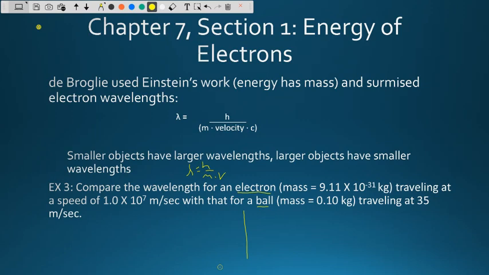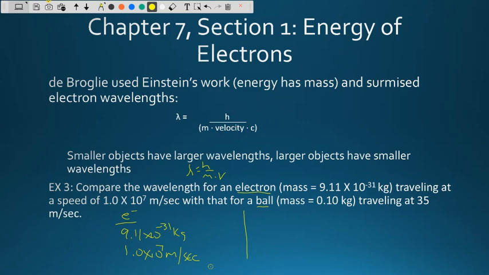Now let's take a look at our electron side. On our electron side, we have a mass of 9.11 times 10 to the negative 31 kilograms, and the speed is going to be 1.0 times 10 to the 7th meters per second. That's not quite the speed of light, but it is pretty close to that.